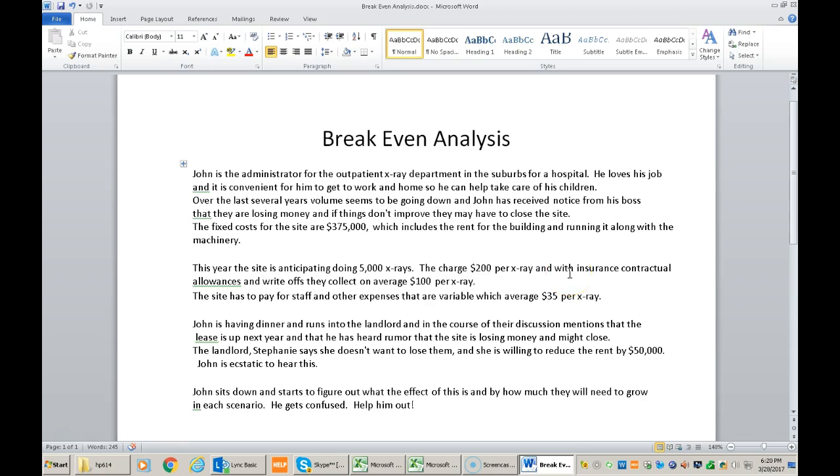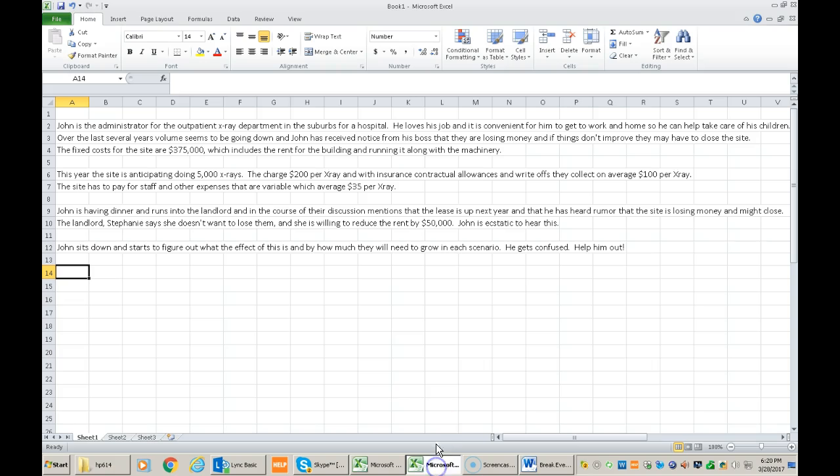Okay, so what I would suggest you do is in Excel, let's put the information down. So of importance are, what is the annual volume? So we know that that is 5,000 units, right? And how much do they make per x-ray? So the average collection per x-ray is $100.